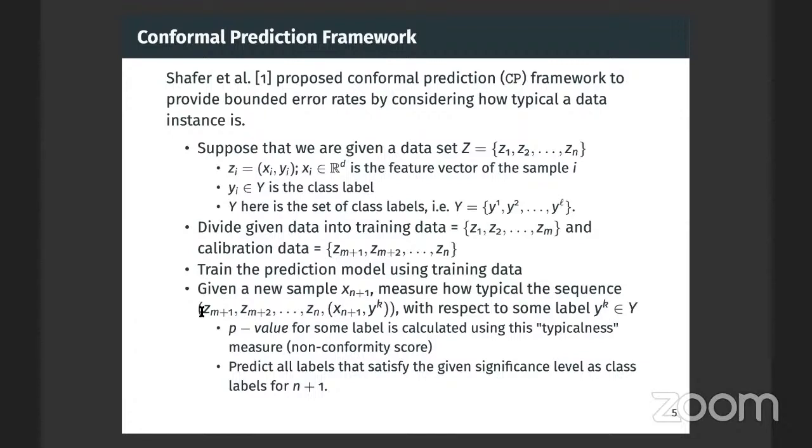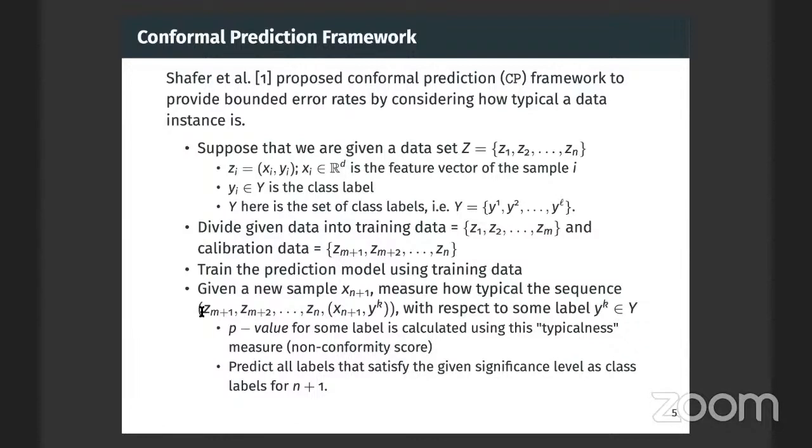For example, if there is a very unlikely label that we are considering, the p-value for that would be very low compared to a label that can be the actual label. So we predict all labels that satisfy the given significance level as the labels for this new instance.